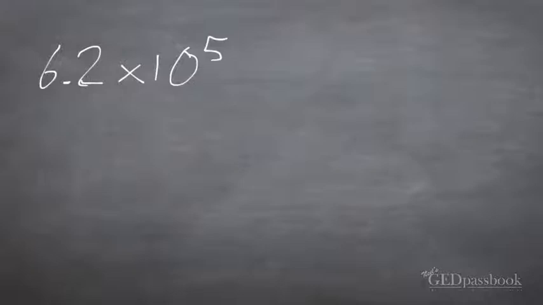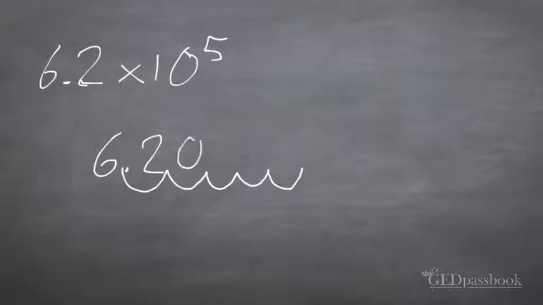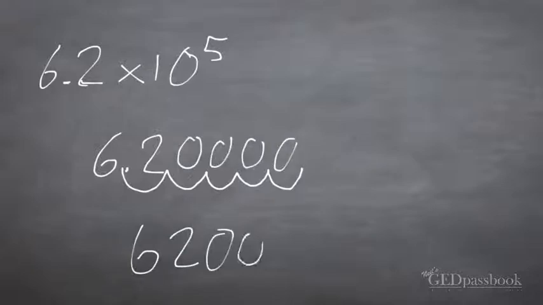All you got to do is take this 6.2, go to the decimal, and move it 1, 2, 3, 4, 5. Add the zeros, and guess what? It's 620,000. Not too big of a number, but trust me, they could get pretty big.